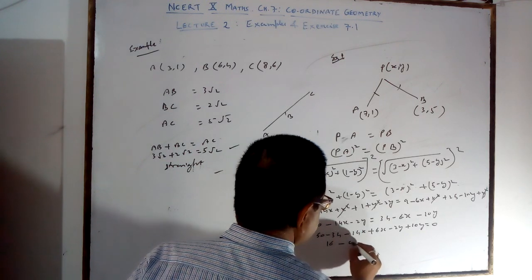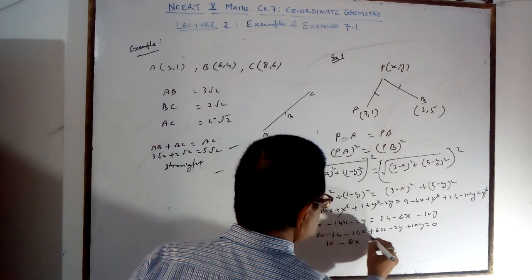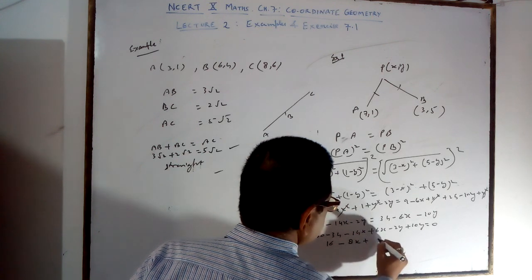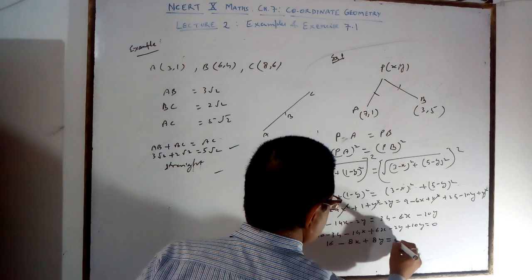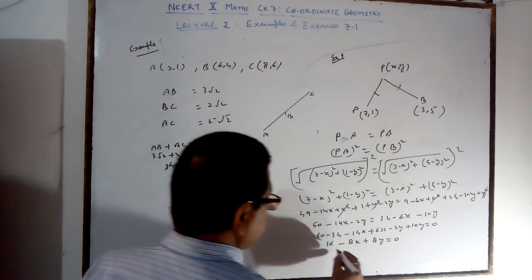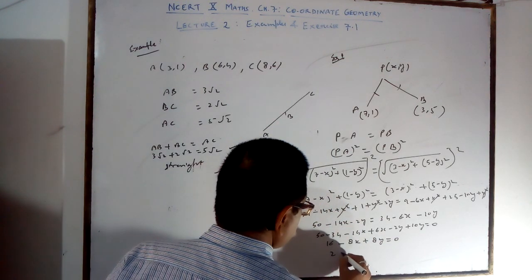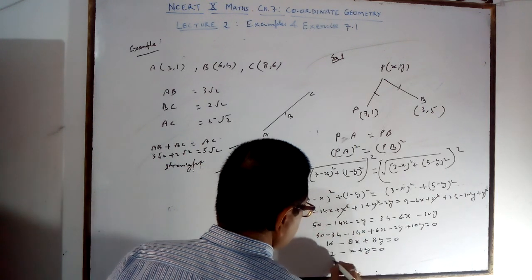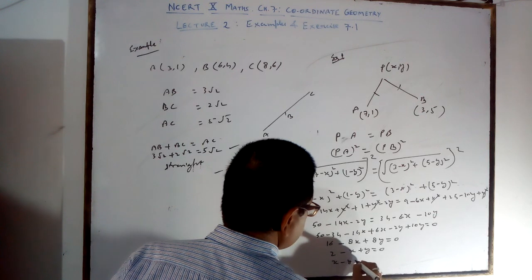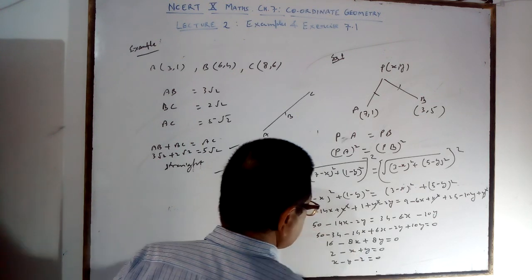So 16 minus 8x plus 8y is equal to 0. Dividing by 8: 2 minus x plus y is equal to 0. So you can write x minus y minus 2 is equal to 0.